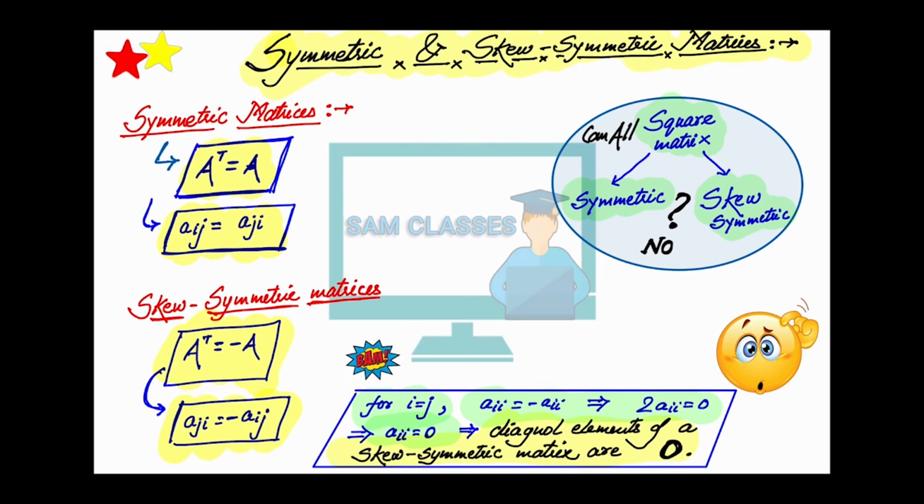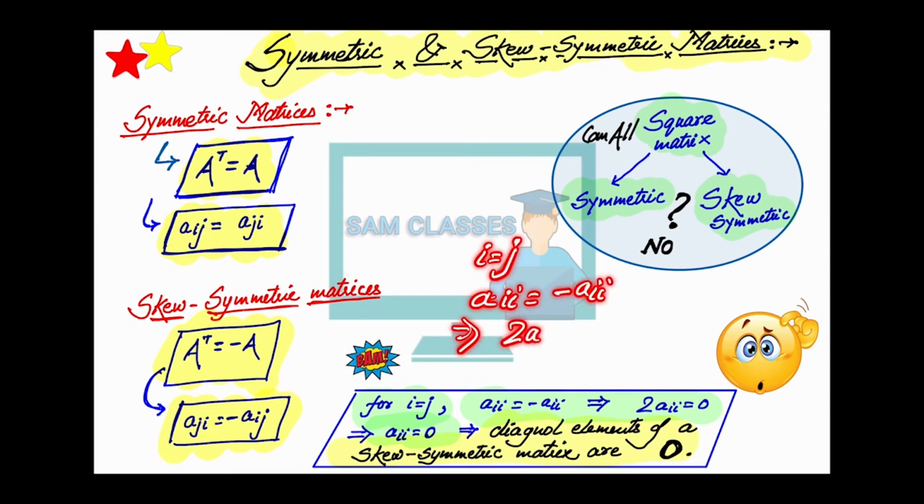Okay, now one very important point for the skew symmetric part. In a skew symmetric matrix, all the diagonal elements are 0. Now you say, sir, why? Maybe few people will know. So let's say, in the case of skew symmetric, the diagonal elements are where i is equal to j. Now A of ii is equal to minus A of ii, so what are you going to do?